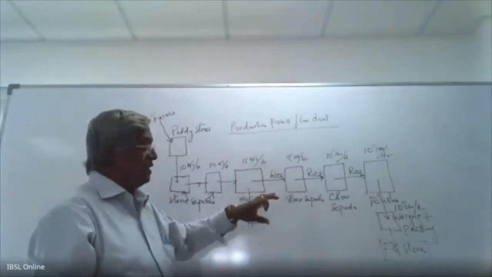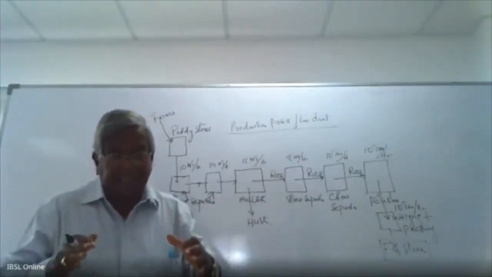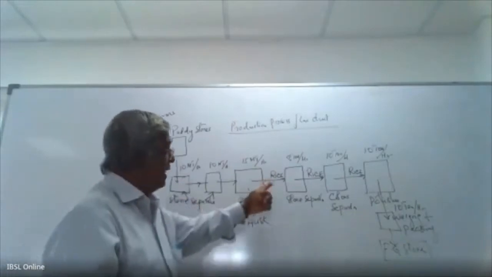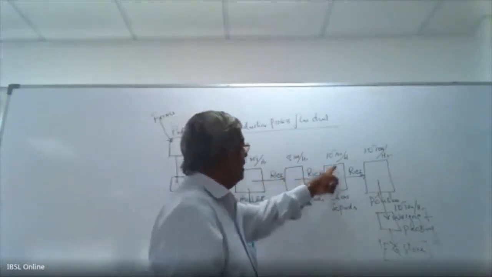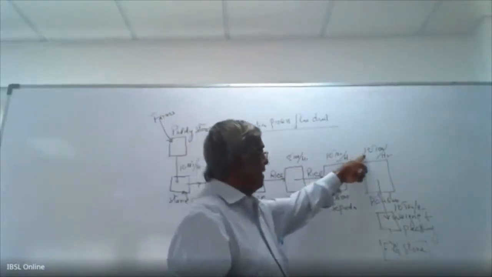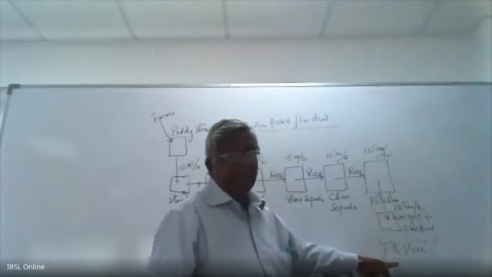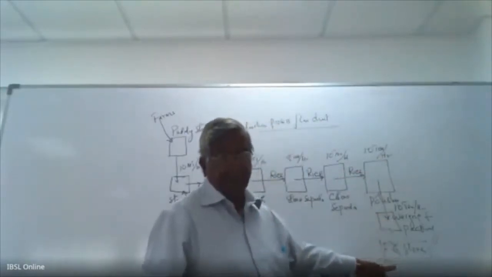So this situation we call machinery imbalance. Thereafter only 8 ton. Here also 10 ton, no use, only 8 ton will go. This also 10 ton, no use, only 8 ton will go. Then ultimately only 8 ton comes here.